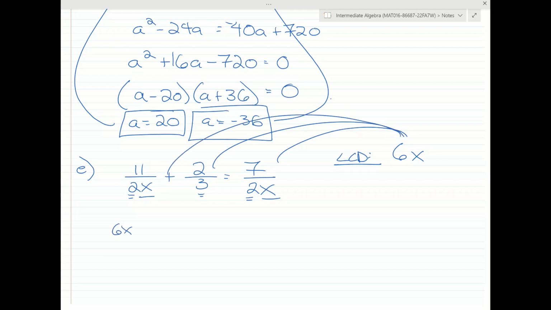So it'll just be 6x times 11 over 2x plus 6x times 2 over 3 is equal to 6x times 7 over 2x.